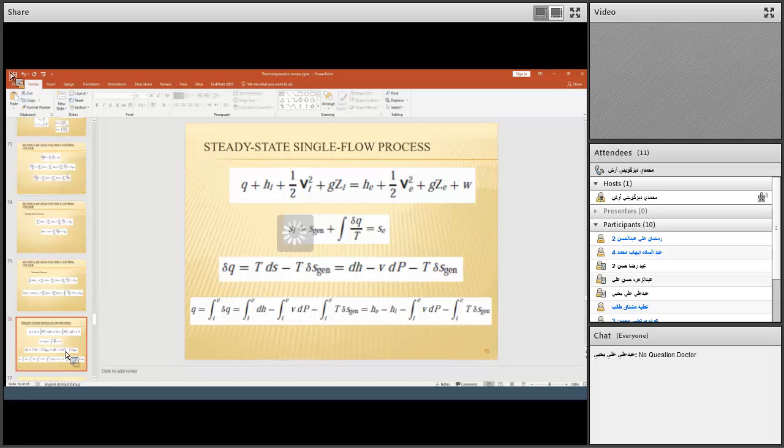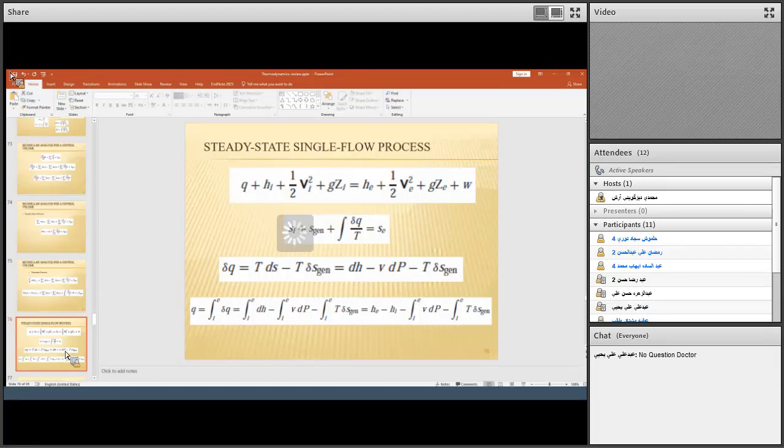And the second law: entropy at inlet plus entropy generation plus the integral of differential of Q divided by T equals entropy at outlet.